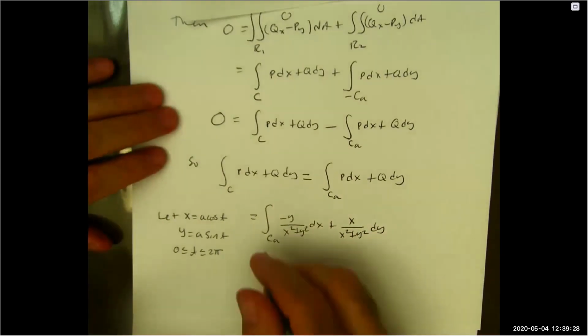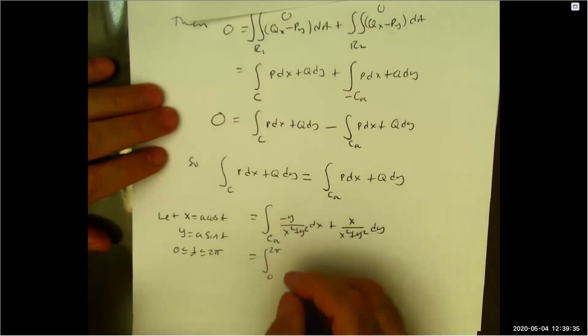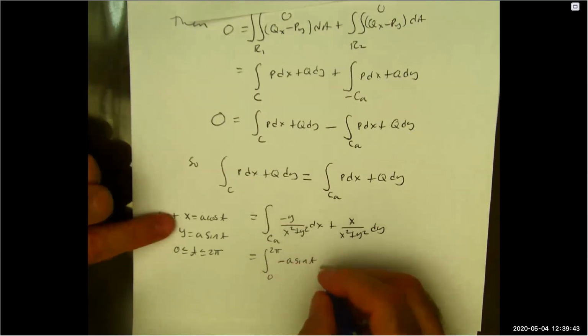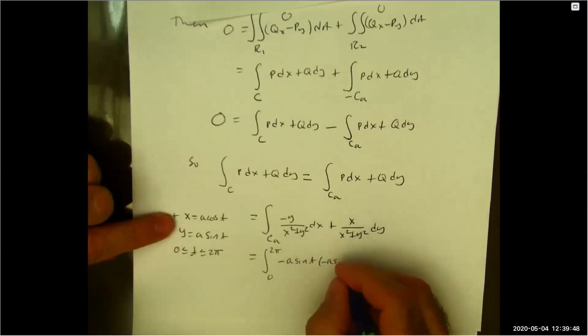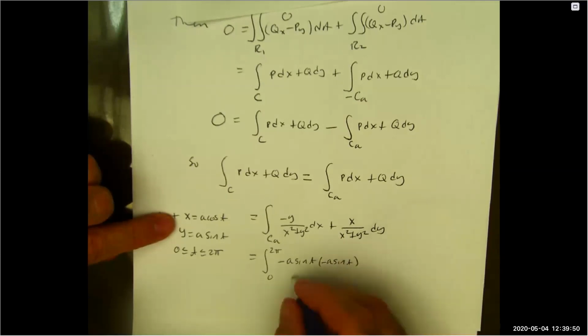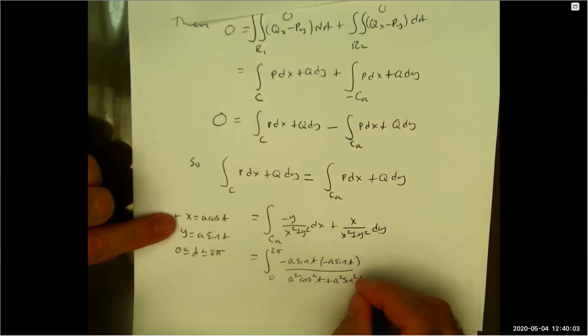So let's plug in now. We're going to have the integral from 0 to 2 pi of minus y, so minus a sine t, and then dx is going to be minus a sine t, and this is going to be over a squared cosine squared t plus a squared sine squared t, which is just a squared.